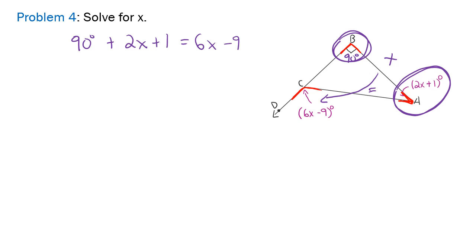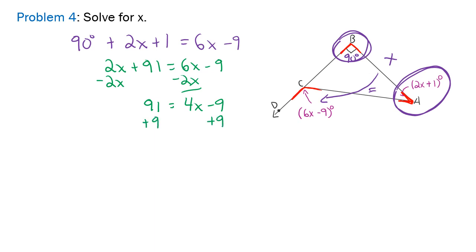So 90 plus 1 is 91. And then I just solve, continuing, minusing the 2x over. So I have 4x, add the 9, you get 100. And you get 25 for x.